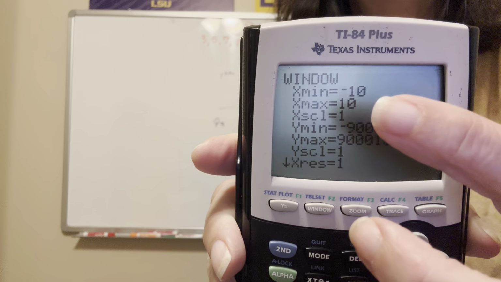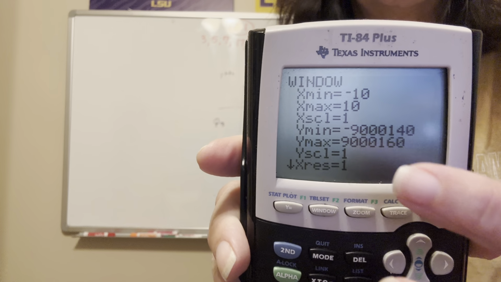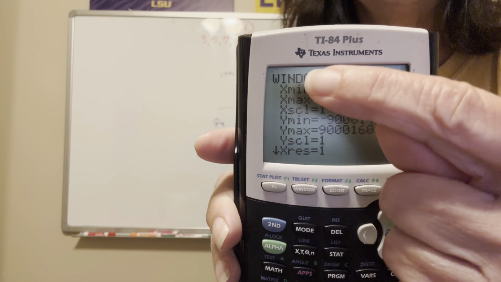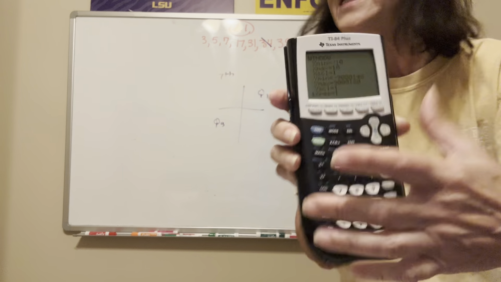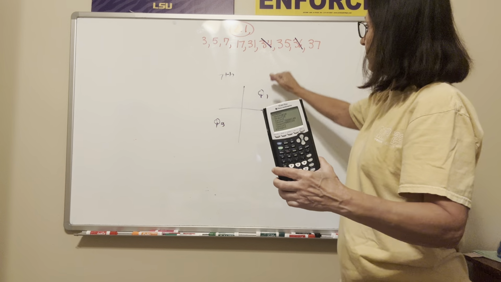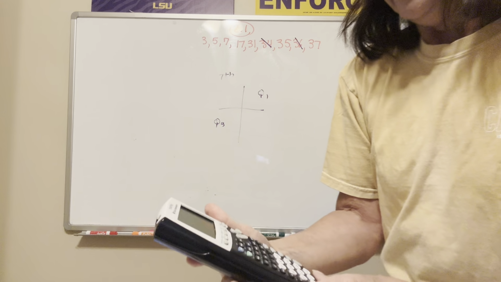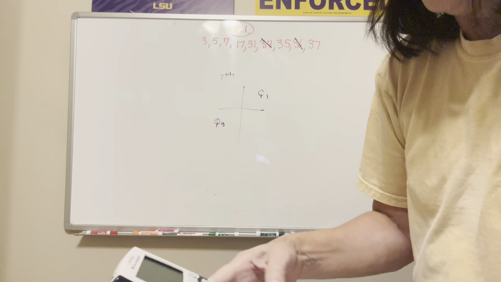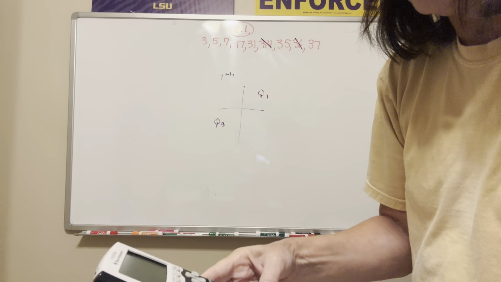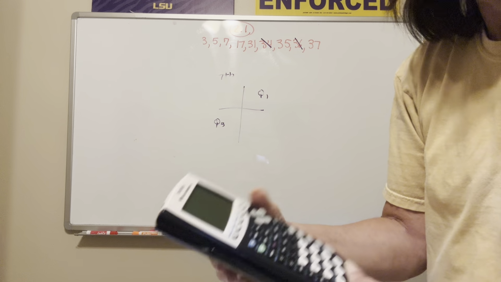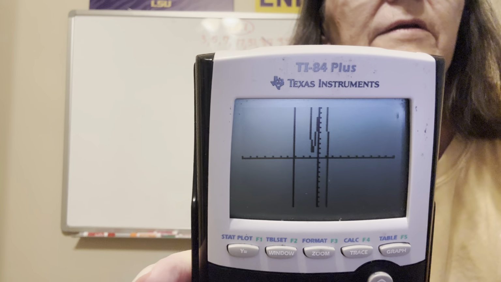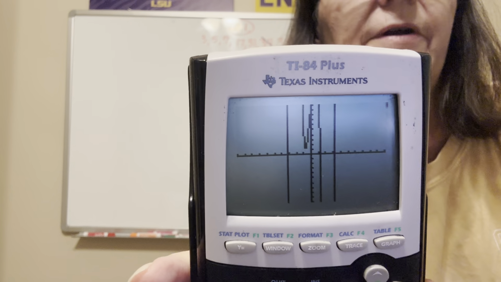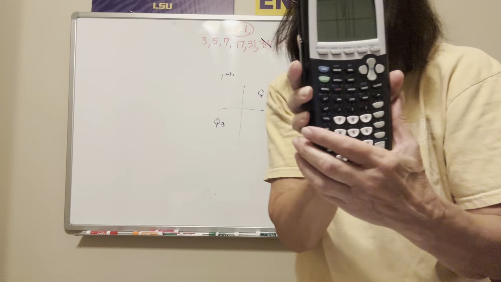Now I'll go back and make y min negative 10, y max 10, and then count the x-intercepts. 1, 2, 3. There's 3 of them. So that's number 3.